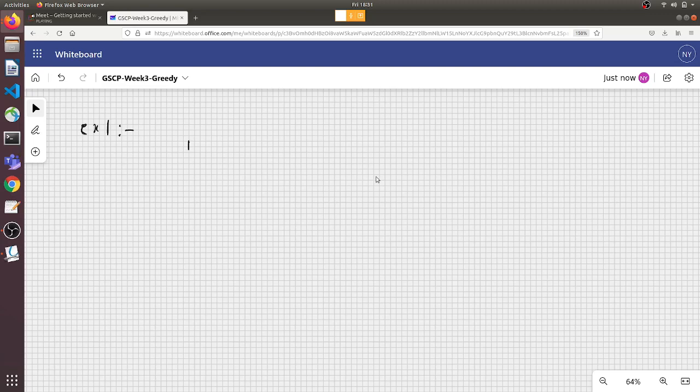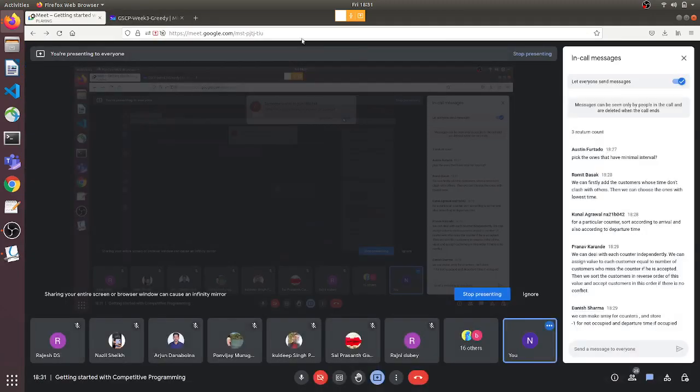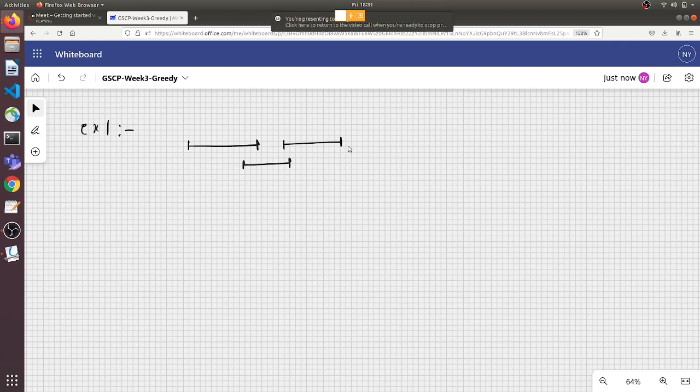This is one interval, this is, let's say, the second interval, and you can assume that the length of the interval corresponds to the time that the customer stays. So this is example 1.